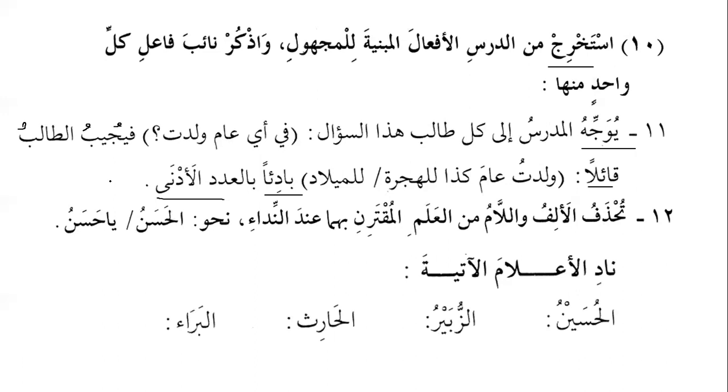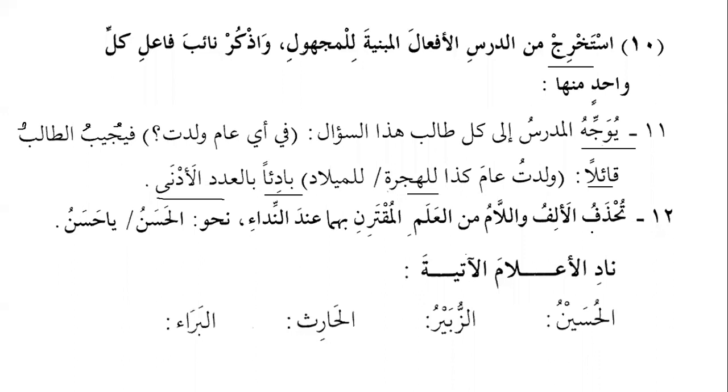So قائلا and باديا. بدأ يبدأ فهو بادئ, and mansub will be بادئا, by starting from the adna. You know adna is on the pattern of af'alu, and it is used for feminine, something that is the lowest. So you have to give the answer about which year you were born by saying the lowest number. Again, you can talk about yourselves. You can write it down, and then you can talk about this as well.